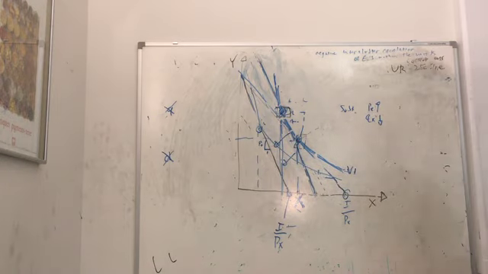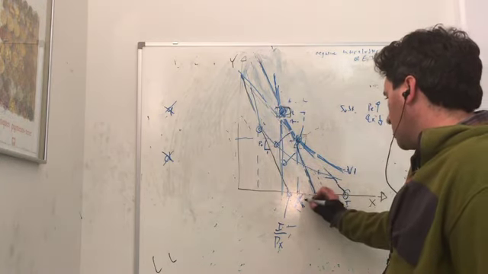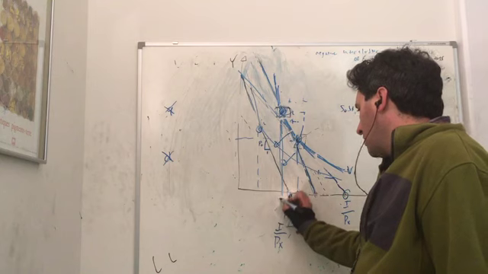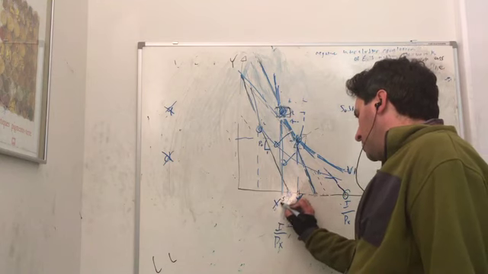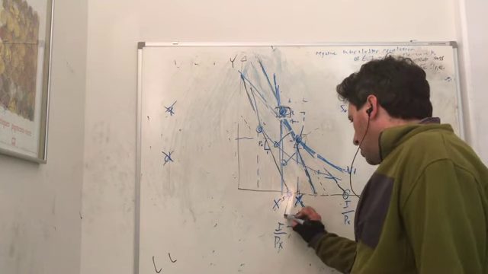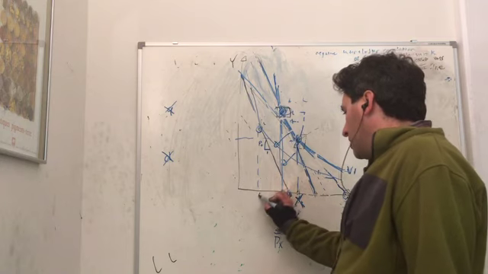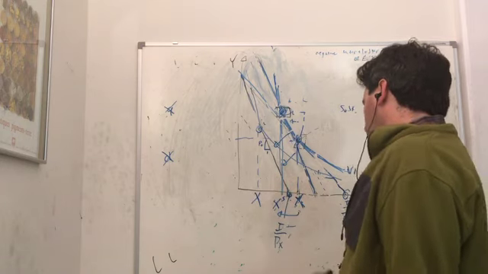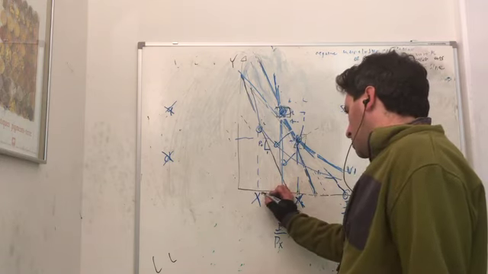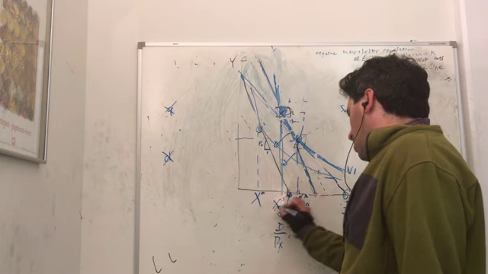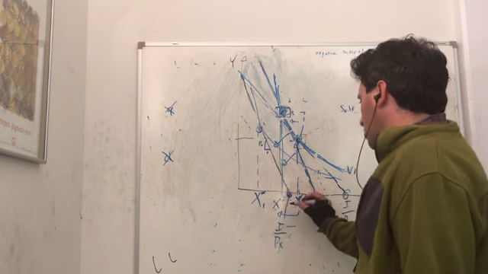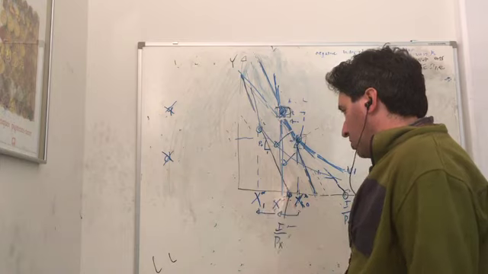We see the initial choice of x was here. This hypothetical choice of x, we call it x substitution if you like, was here. Substitution effect. And then the new choice of x, let's call these x star 0 and x star 1. The new choice of x is still less.